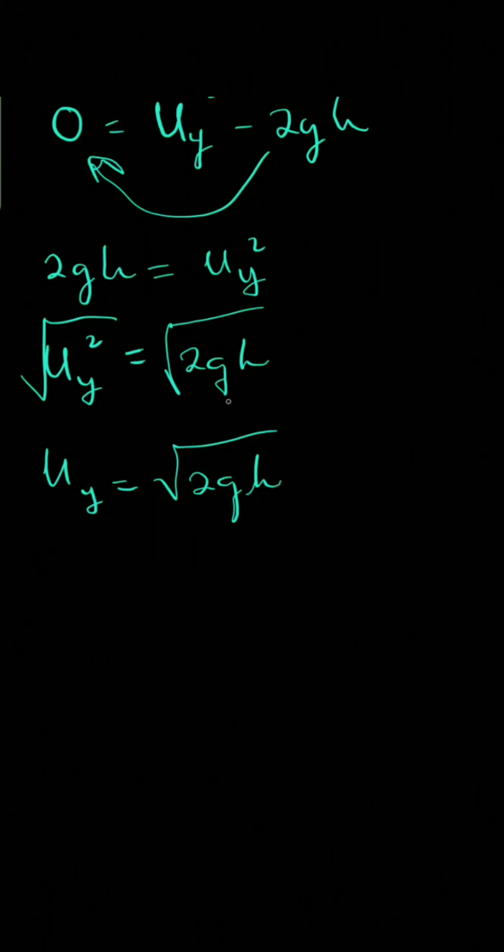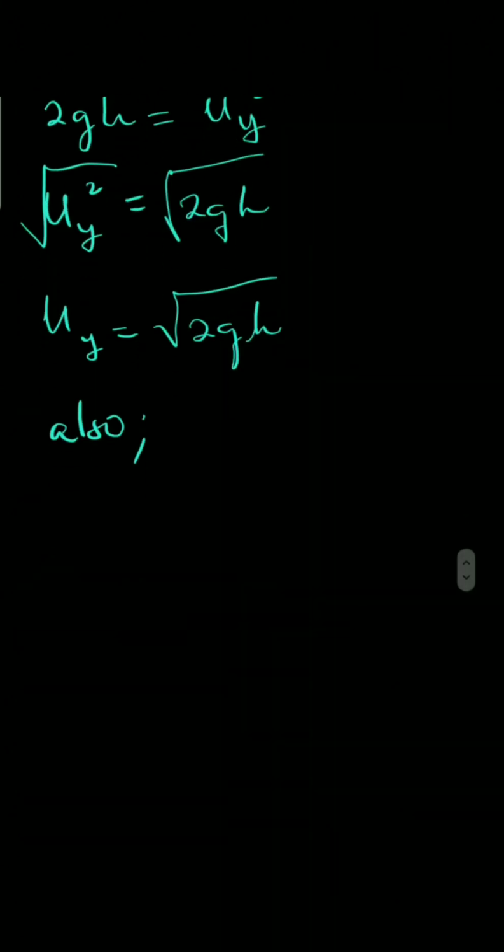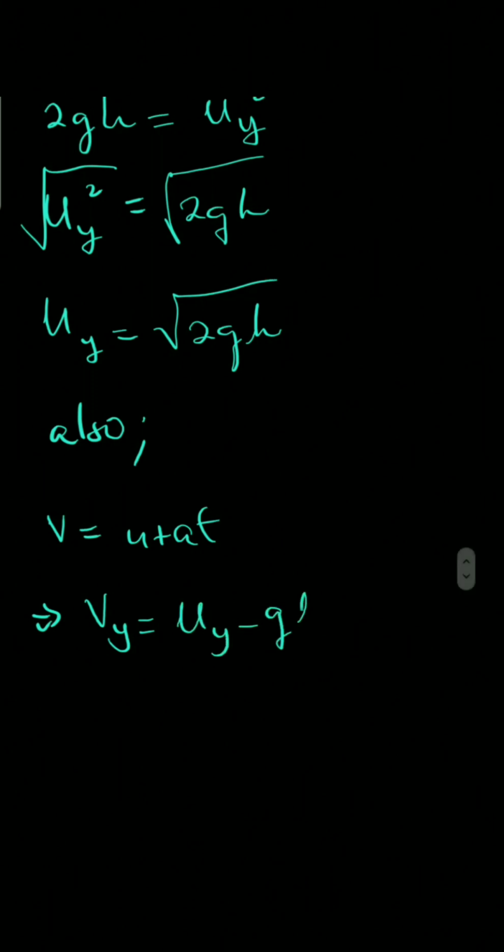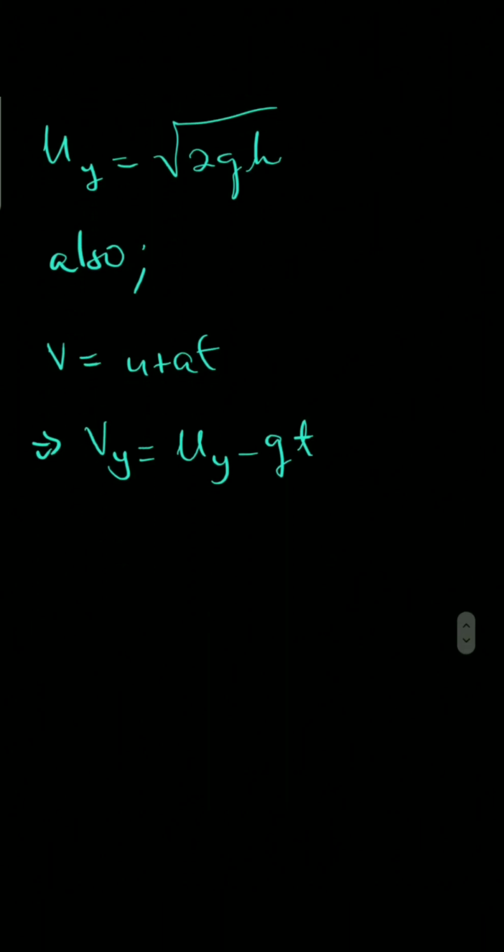Okay, now we can calculate the time taken to reach the peak, and that is by using the formula v equals u plus at. So we'll have that the final velocity equals the initial, then minus gt. Like what we did, the final at the peak is 0, so we'll have 0 here.